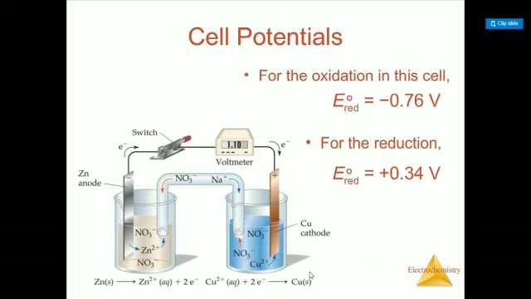So oxidation of zinc is minus 0.76 volt, and for reduction E cell is plus 0.34 volt. Hence total cell difference, or cell potential, is here 1.10 volt.